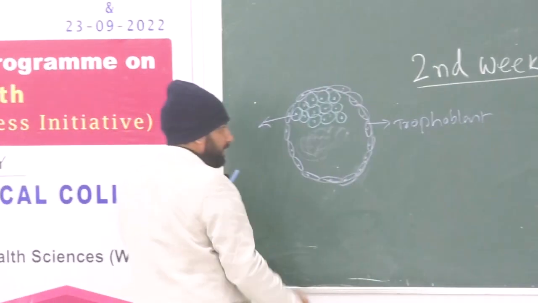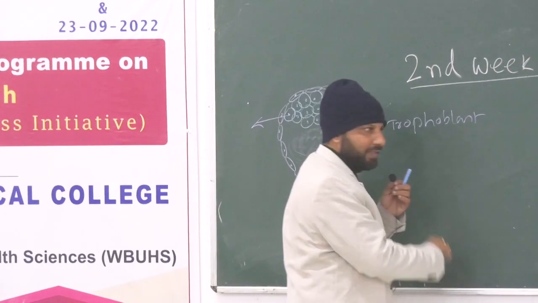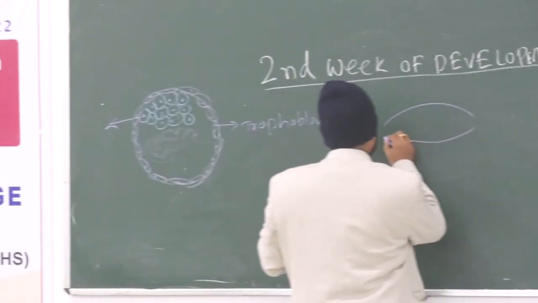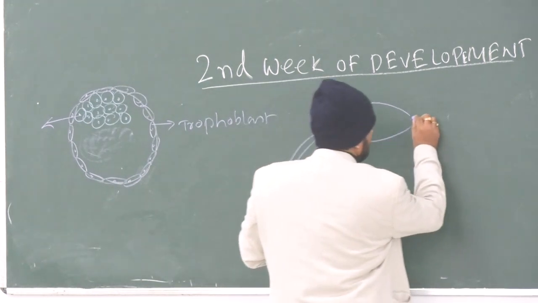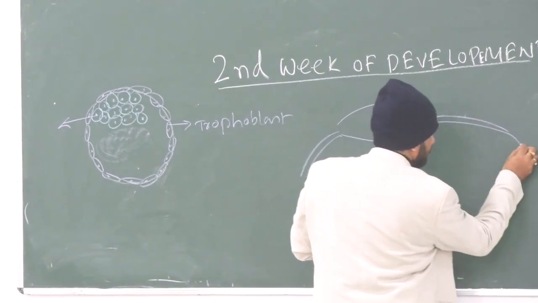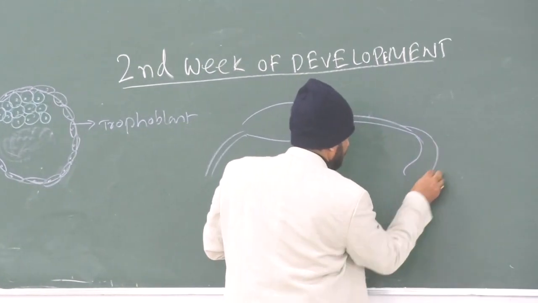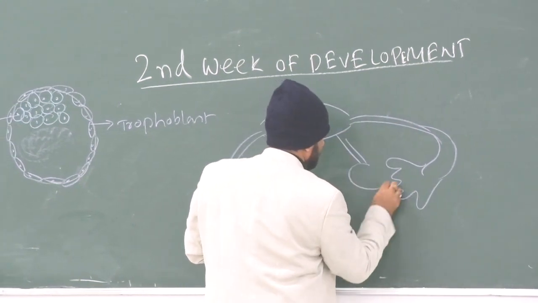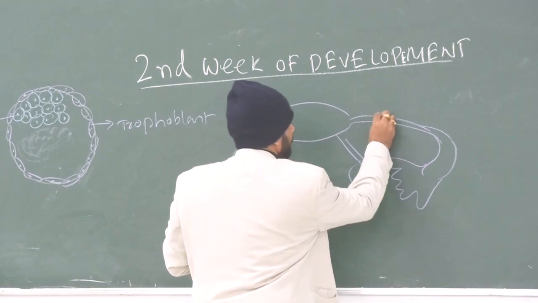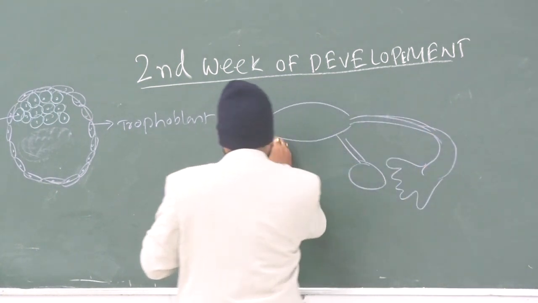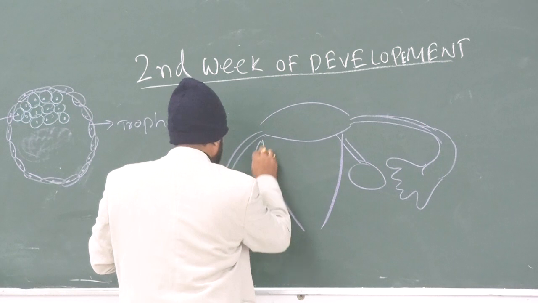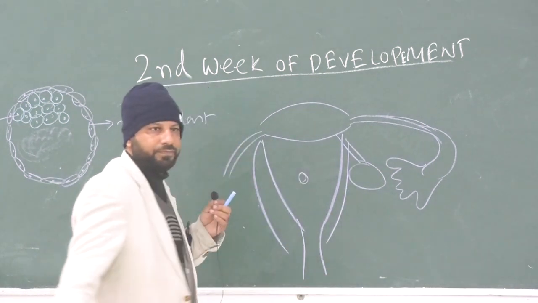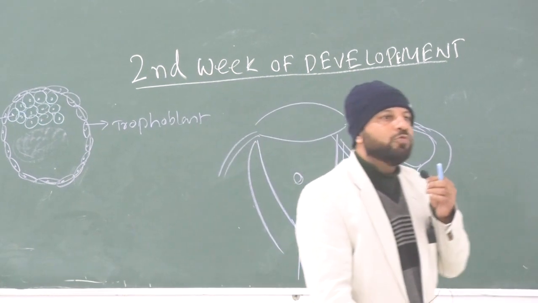At this stage, where does it go? It comes here, into the uterine cavity.